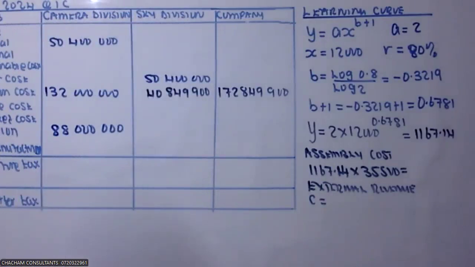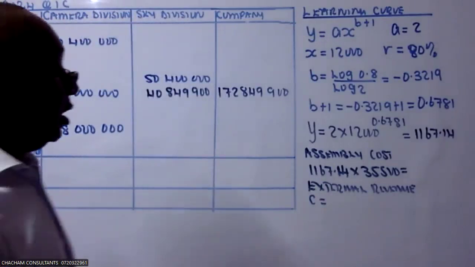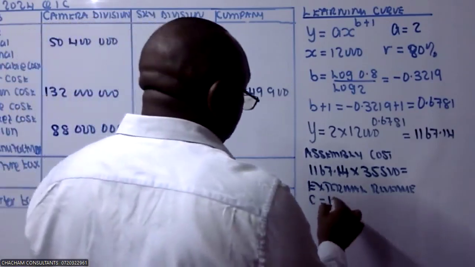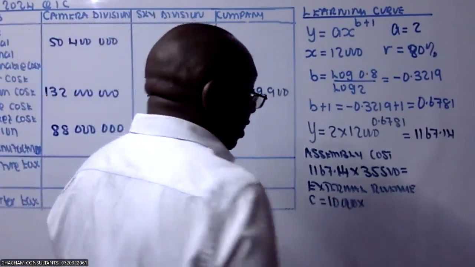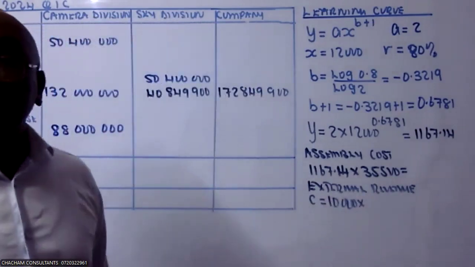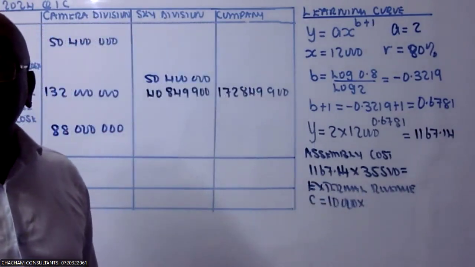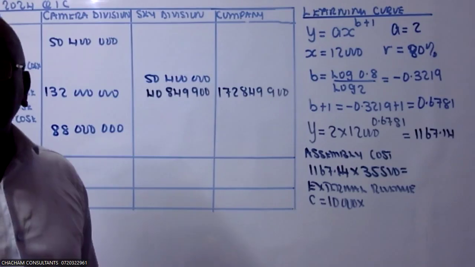They are going to sell 10,000 units to the external world, and we are told they are selling at 19,000.